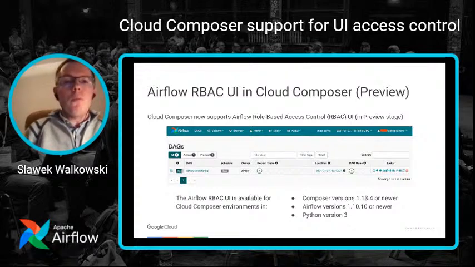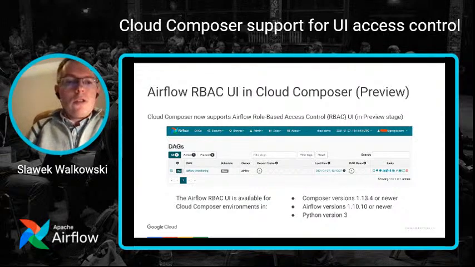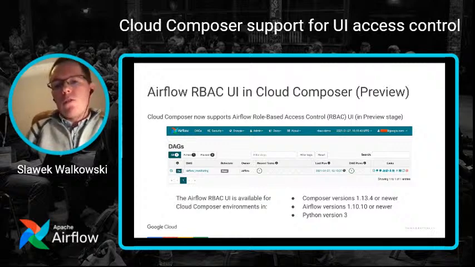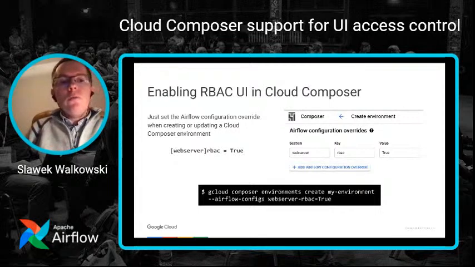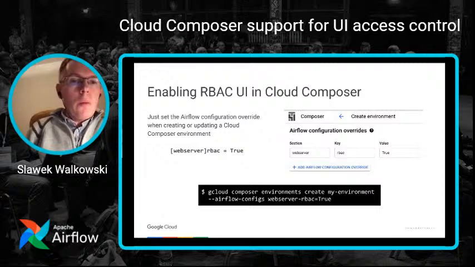Currently, this feature on the Composer side is launched to the previous stage, which is public preview, so anyone can try this out. The Airflow RBAC UI in Composer is available for recent Composer versions and recent Airflow versions, essentially. And to enable the RBAC UI in Cloud Composer, just like in Airflow, you just set the appropriate entry in the configuration.